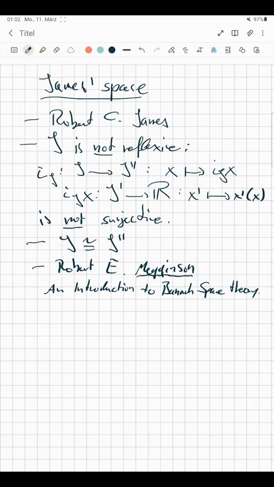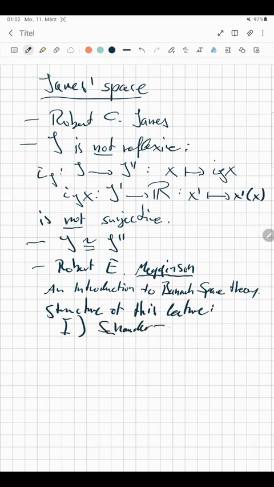So we will follow his way of argument, and this will go like this. First, we will go over the theory of Schauder bases, and here we will also, in the large majority, if not 100%, follow the same way that Megginson does it in the earlier chapters of his book.